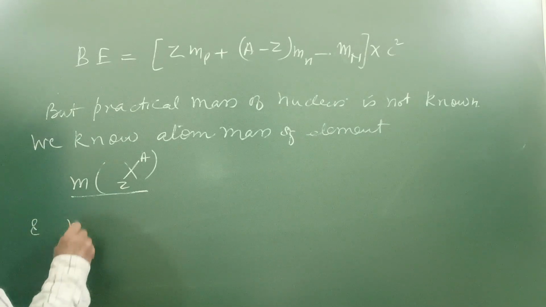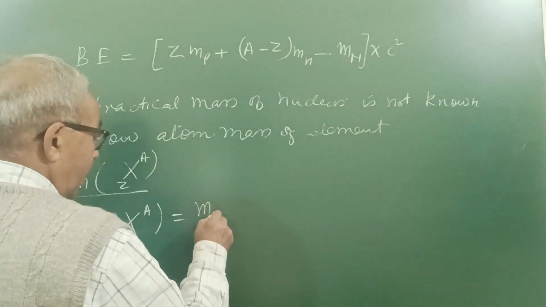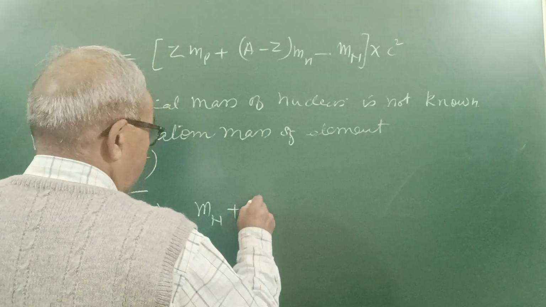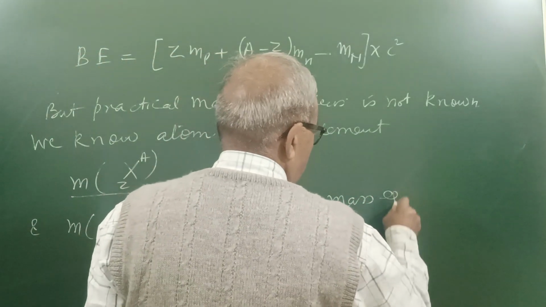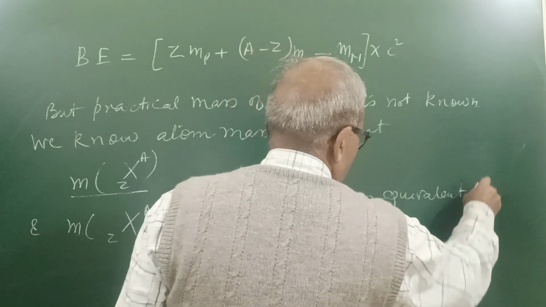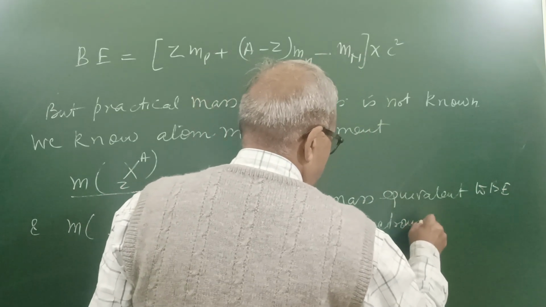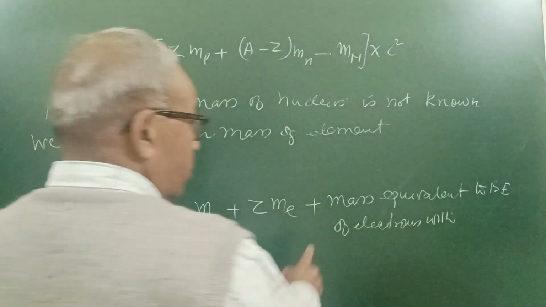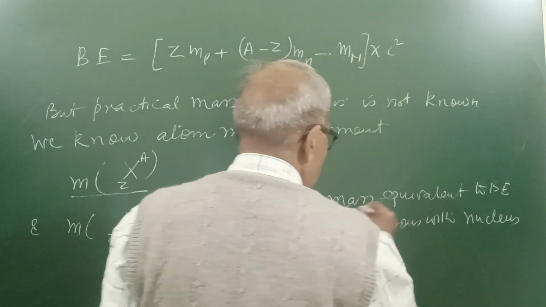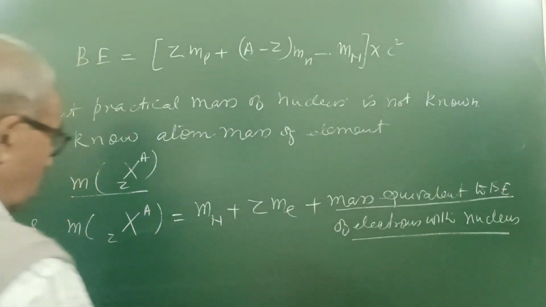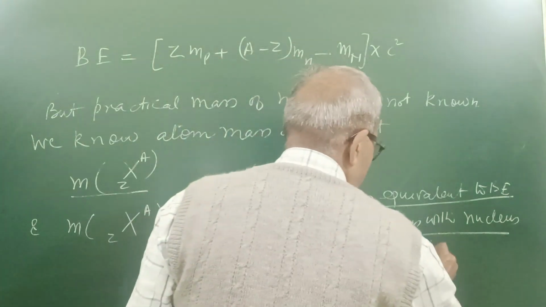And M(Z X A) is equal to M_N plus mass of Z electrons plus the mass equivalent to binding energy of electrons with the nucleus. But this last term is negligibly small.